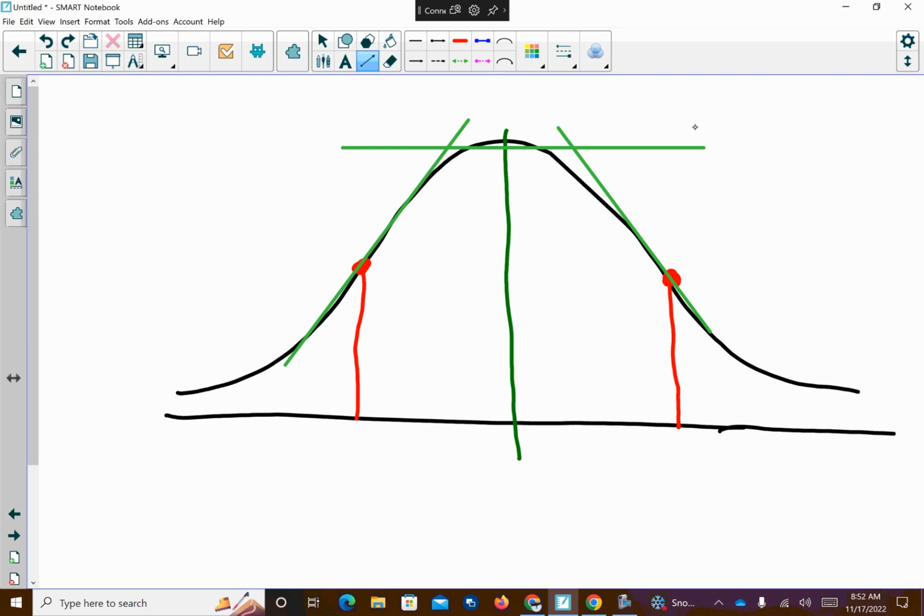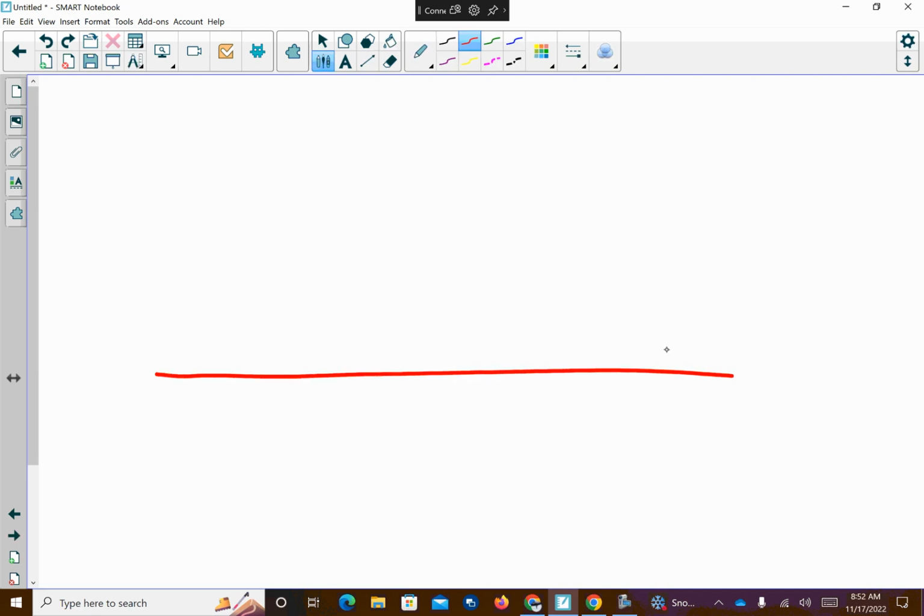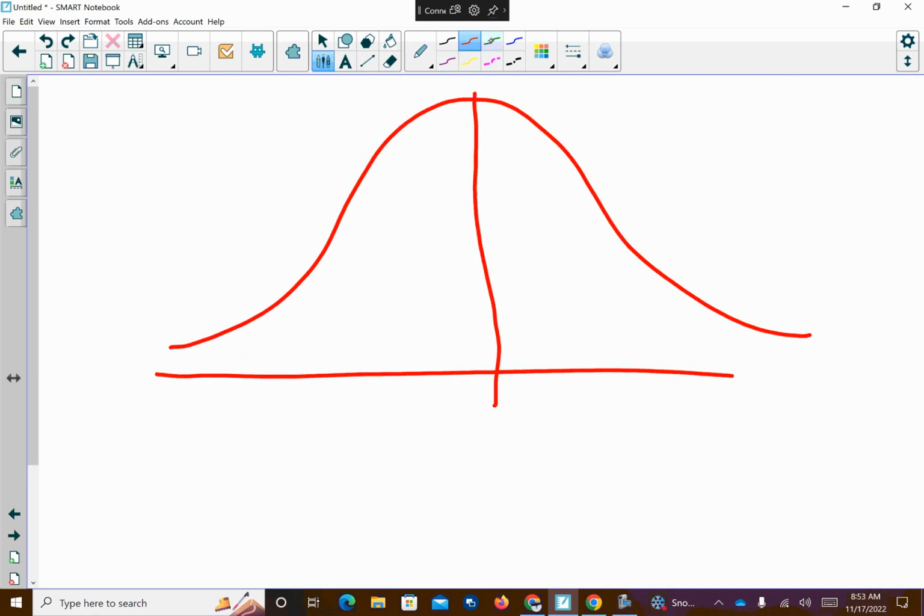It's a horizontal line. But a normal curve, when drawn appropriately, you're going to look at it like this. The entire area underneath the entire curve will be 100% of the area.